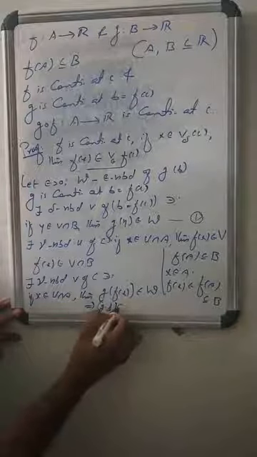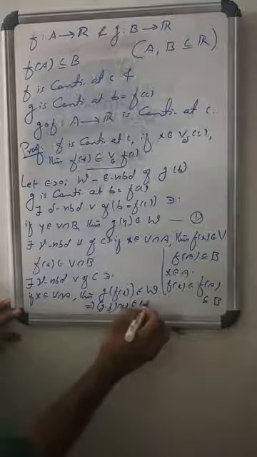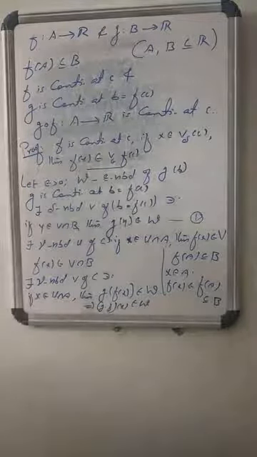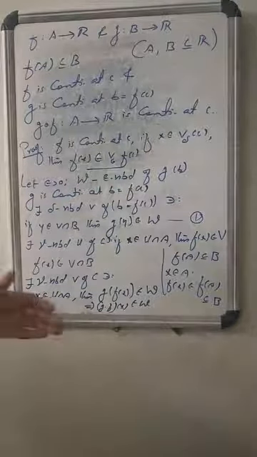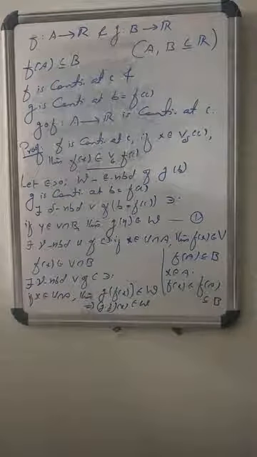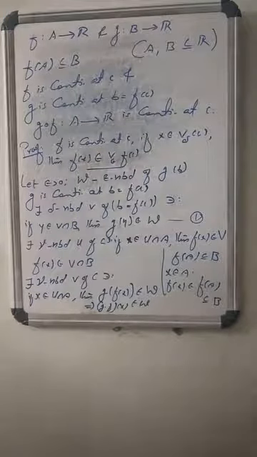It is g composition f of x that falls in W. Since W is an arbitrary epsilon neighborhood of g of f of c, therefore g composition f is continuous at c.